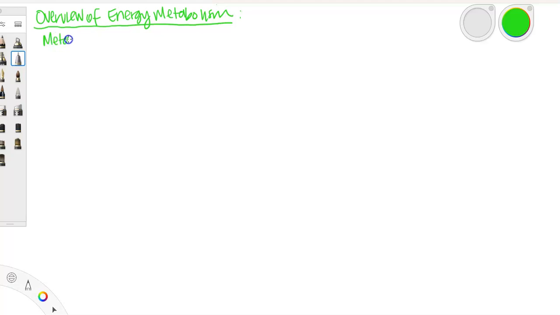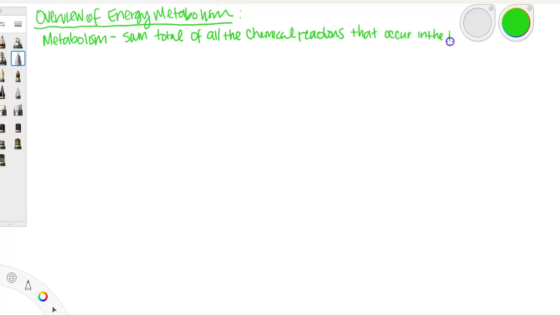And we know, or should know, that metabolism is the sum total of all the chemical reactions that occur in the body.